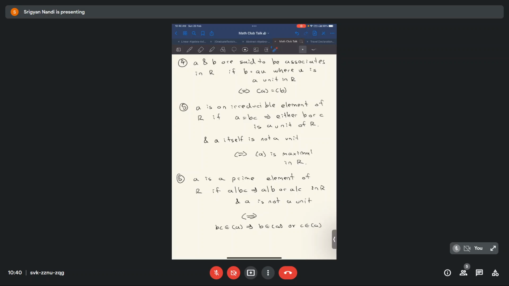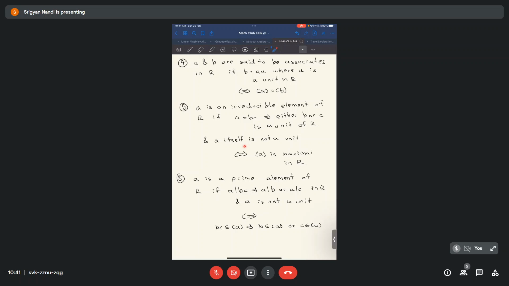Now, fifthly, we have already seen what it means to be irreducible in a polynomial ring. We generalize this notion of irreducibility to any integral domain R. We say that an element A is irreducible in R if A equals BC implies that either B or C is a unit in R. And in fact, A itself cannot be a unit. In the example of polynomial rings, for a certain polynomial f to be irreducible, it has to have degree greater than or equal to 1.